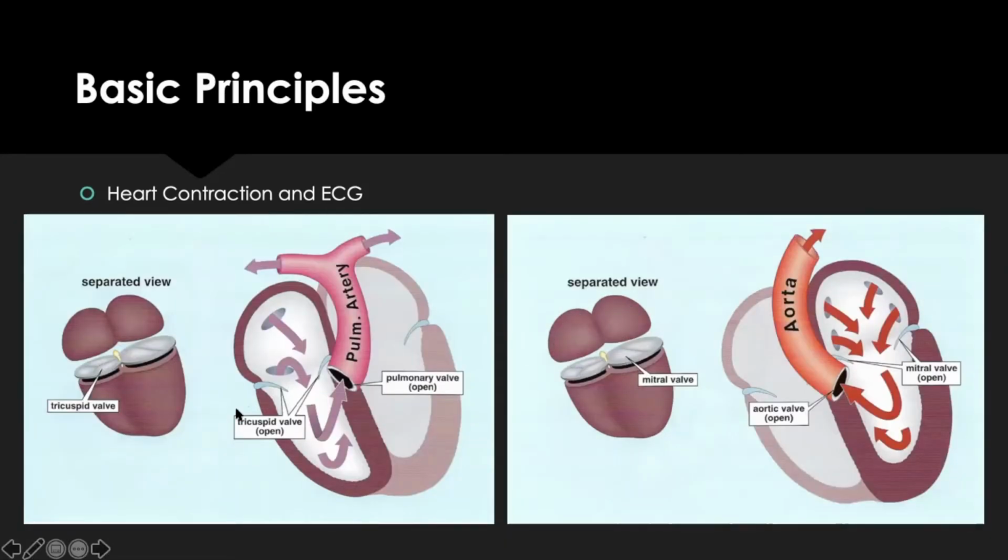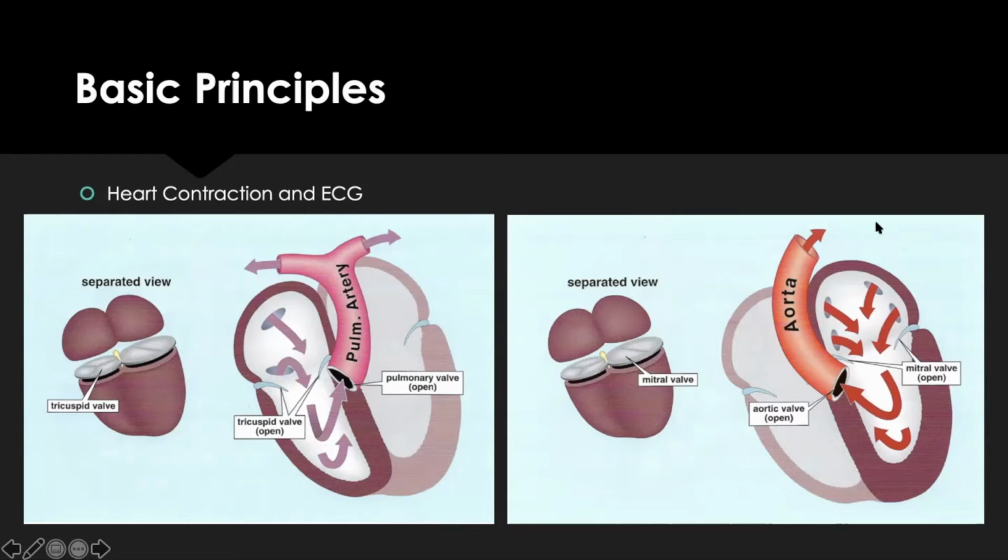As you can see here, deoxygenated blood flows into the atria. The atria depolarizes, contracts, and pushes the deoxygenated blood into the right ventricle. The right ventricle will then depolarize and contract into the pulmonary artery, which will take the deoxygenated blood into the lungs.